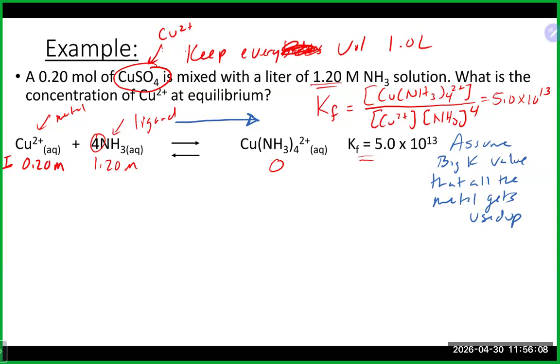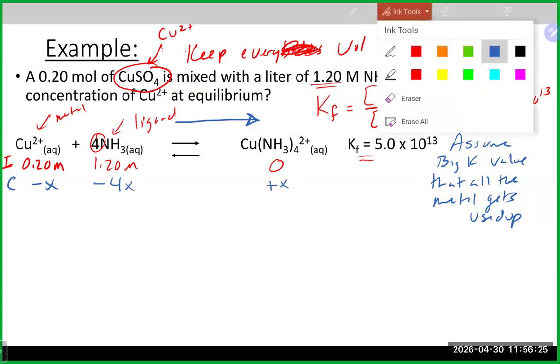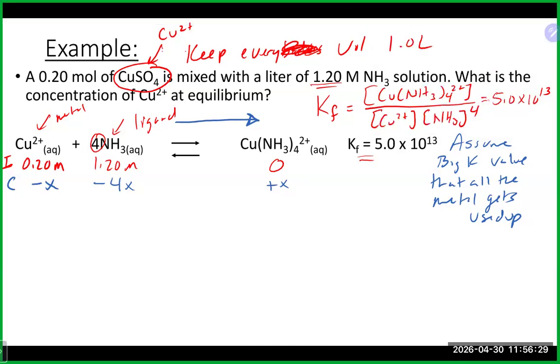If we were to use X's like we normally would have done, our change would look something like this, right? We would go minus X, we would go minus 4X, and then we would go plus X on the other side. But since we actually know what the change is based on our assumption, we can just, instead of using X, use the number.